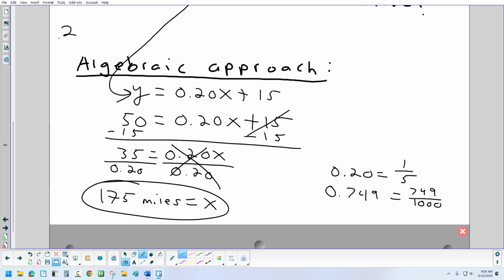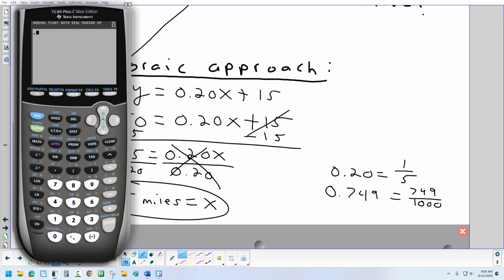And while we are talking about decimals, let me show you something on the calculator. If you have 0.2, and let's say you want to change that to a fraction and you don't know what it is. If you press math, the first option that comes up is fraction. What that will do if you hit enter is it will take the last number that was on the screen and change it to a fraction if it can.